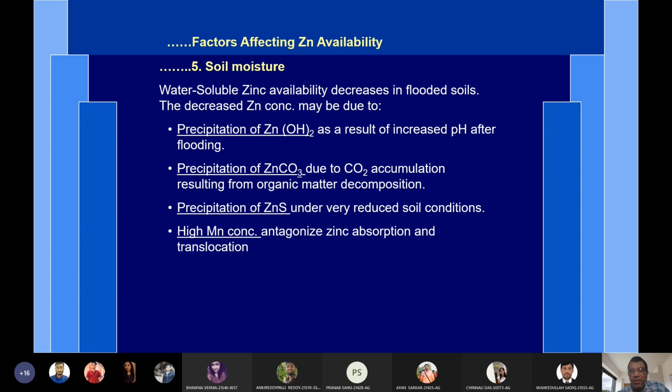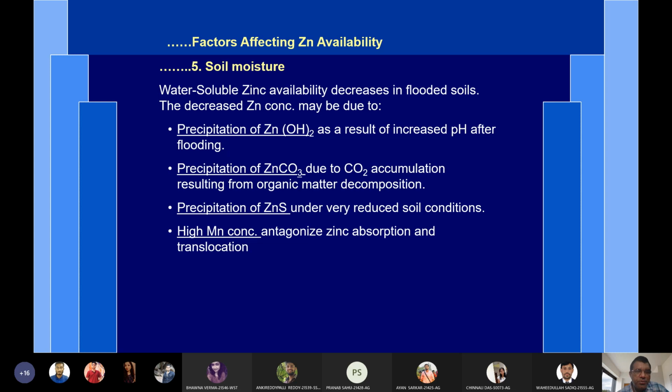So in any case, the soil will try to have pH around 7 after the flooding. When you keep your soils flooded for a long time, the pH will come to neutrality. So in this case, precipitation of zinc hydroxide as a result of increased pH after flooding. So soil was basically acidic, but you increase the pH because of flooding of the water. Therefore, it was converted to zinc hydroxide.